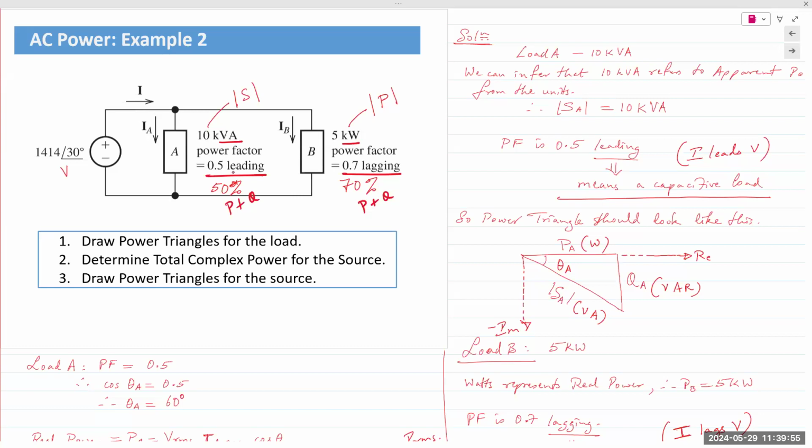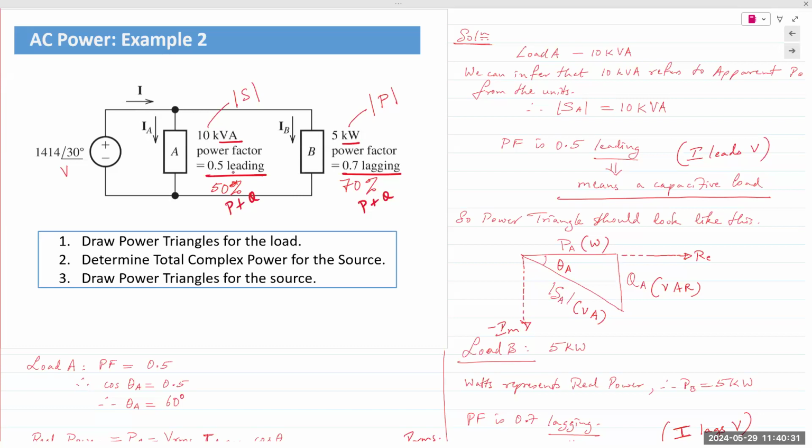Right? Power factor, the reference is the voltage, and we state the position of the current with reference to the voltage. If current lags the voltage, power factor is lagging. If current leads the voltage, power factor is leading. ELI the ICE man again. For an inductor, the current always lags the voltage, hence power factor is lagging in an inductor.